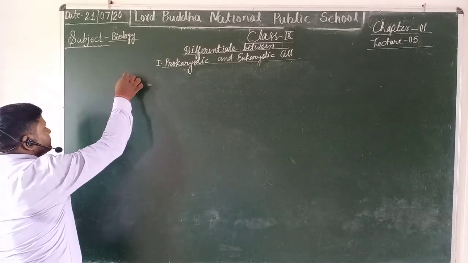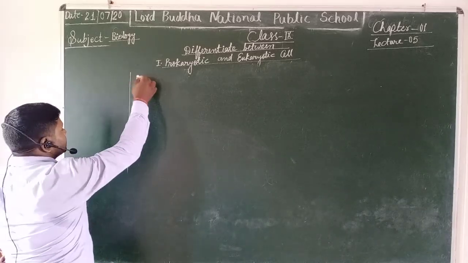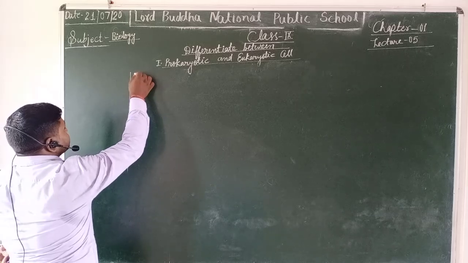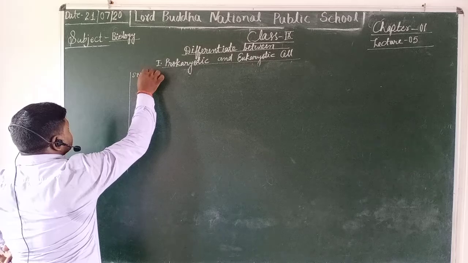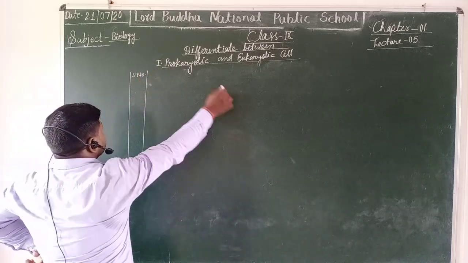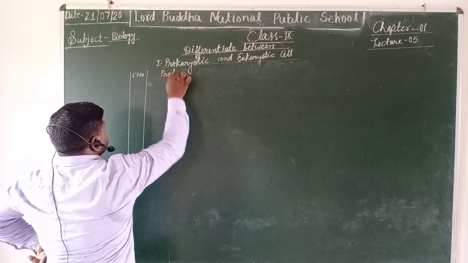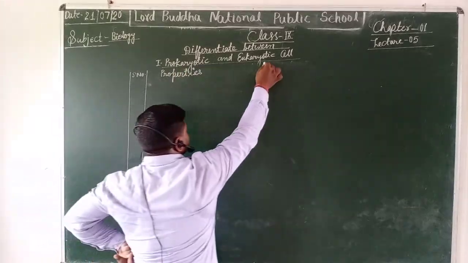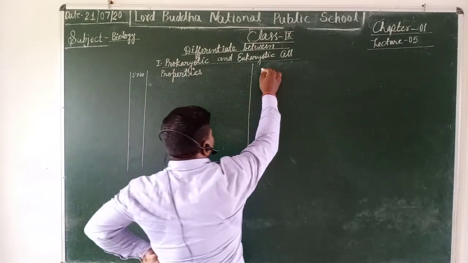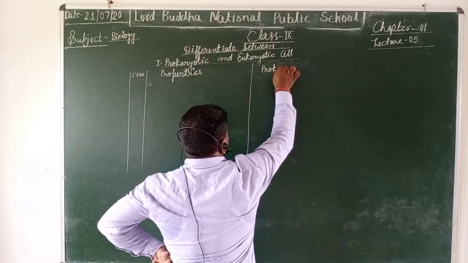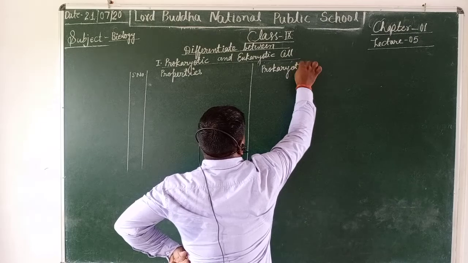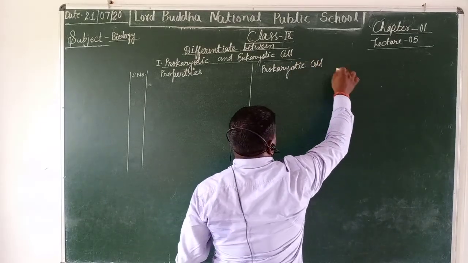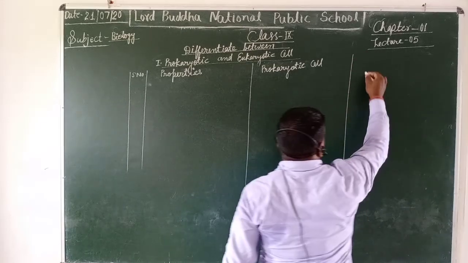Now here I make some columns: Properties, prokaryotic, and eukaryotic.